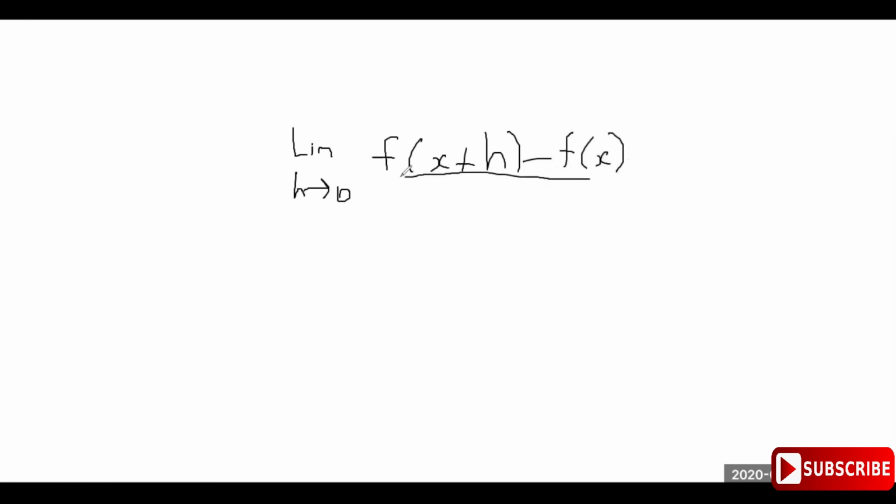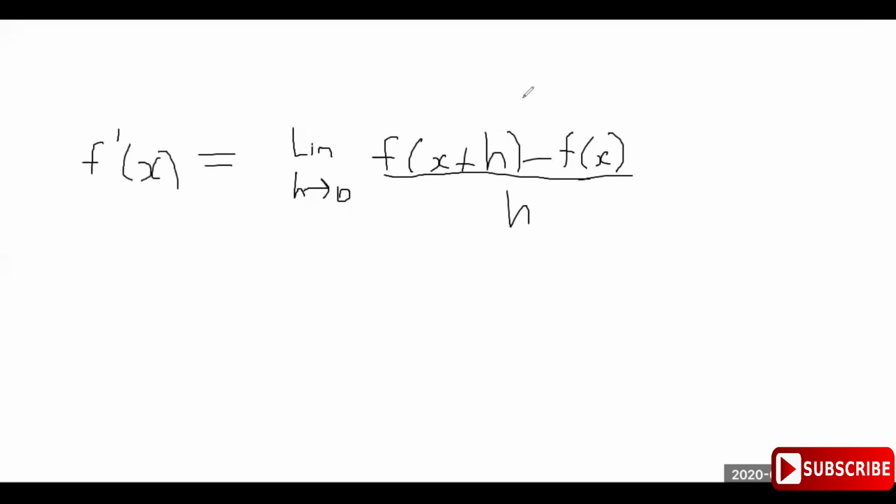Limit by first principle: the limit as h goes to 0 of f of x plus h minus f of x over h is f prime of x. This is the first derivative with respect to x. That's limit by first principle.